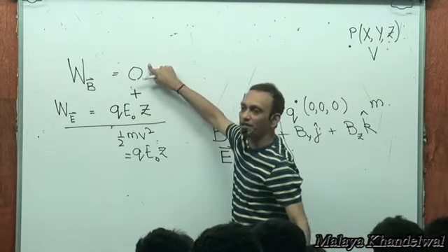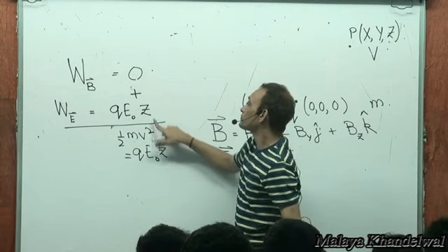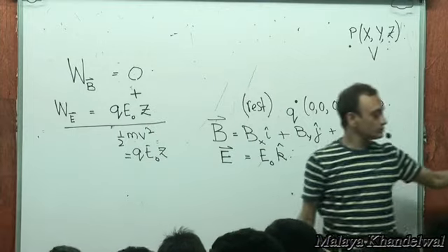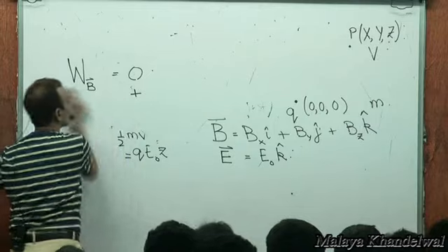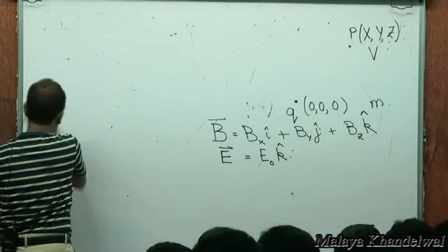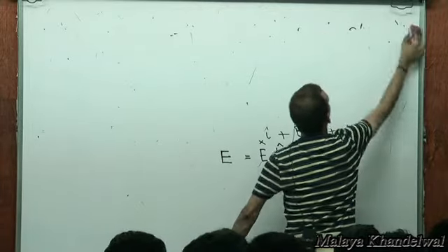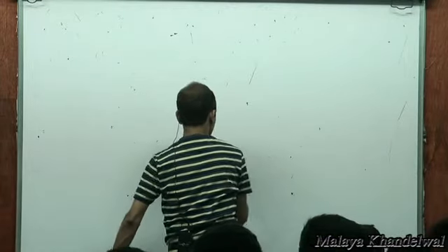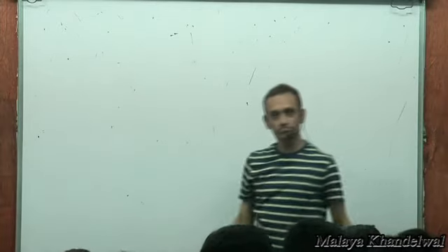That must be the work done by the magnetic field, which is 0, and the work done by the electric field, which is q e naught z. Right? Clear?